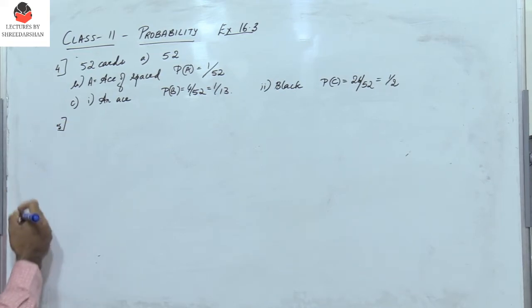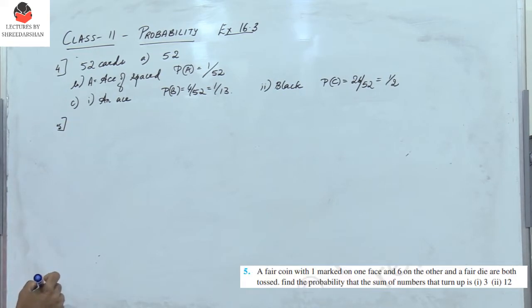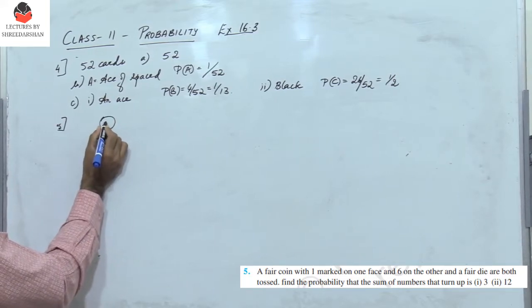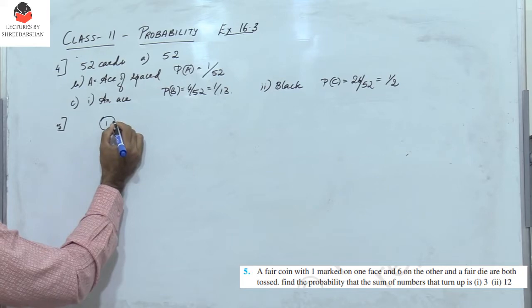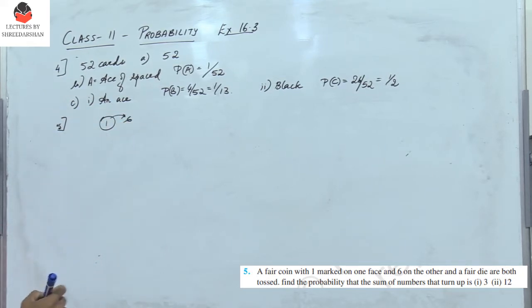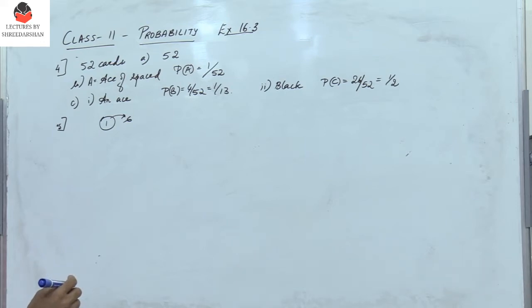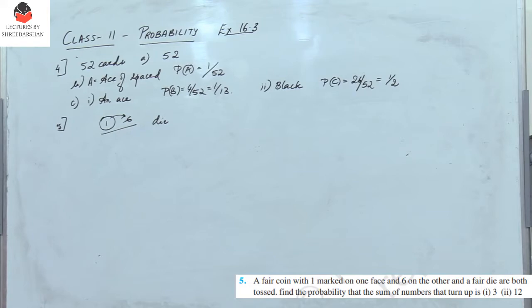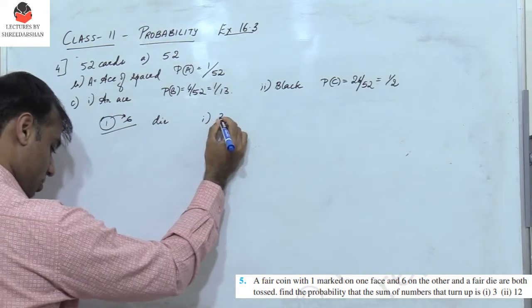Fifth one: a fair coin is marked 1 on one face. So there's a coin. On one side I have 1 marked. On the other side it is marked 6. And a die is also tossed. So you have a coin and a die. Both of them are tossed. Find the probability that the sum of the numbers is, first one, 3.